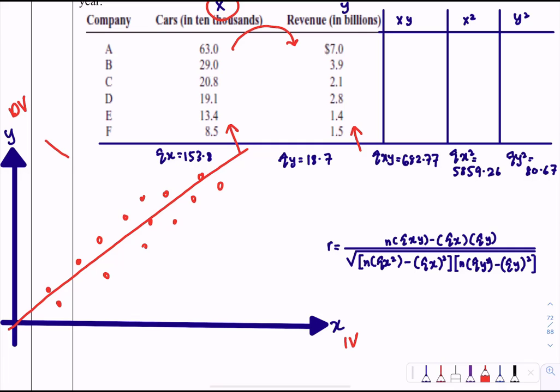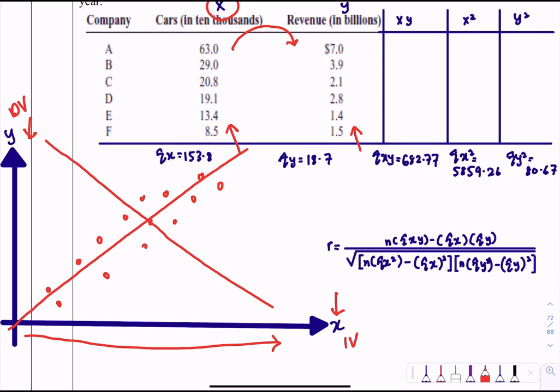If the data set itself shows a reducing pattern, this one is a negative relationship. The higher the value of x, okay, the lower the value of y. Jadi kamu tengok ya, kalau dia bergerak ke sana, nilai dia semakin tinggi lah. Tapi bila nilai x ni semakin tinggi, nilai y dia semakin jatuh.